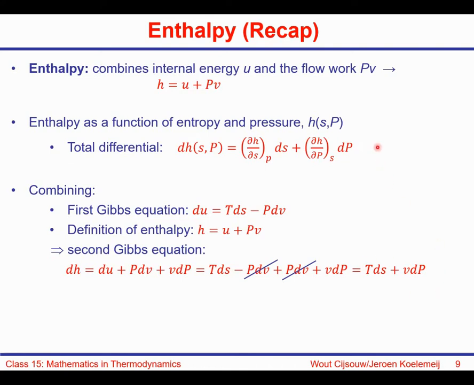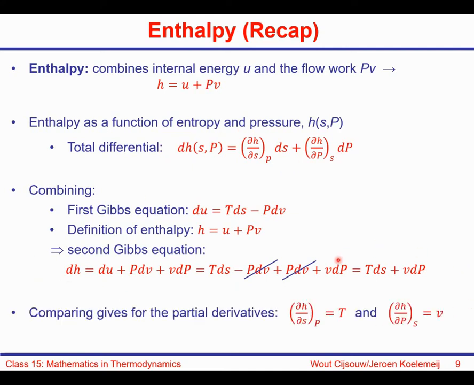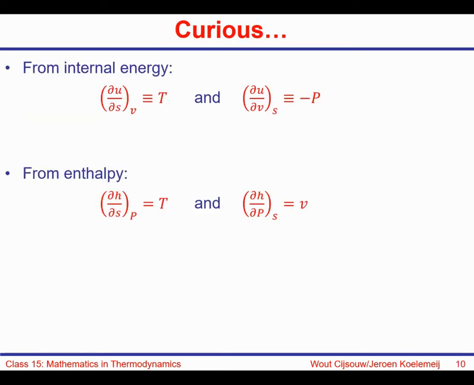And now you will notice that if you compare this one with this one here, we find that this partial derivative equals T and this partial derivative equals the specific volume. Okay, this is interesting now because we saw that from the internal energy we can write definitions for the temperature and the pressure in terms of partial derivatives. And from the enthalpy we could do a similar thing, and we again find temperature and specific volume.